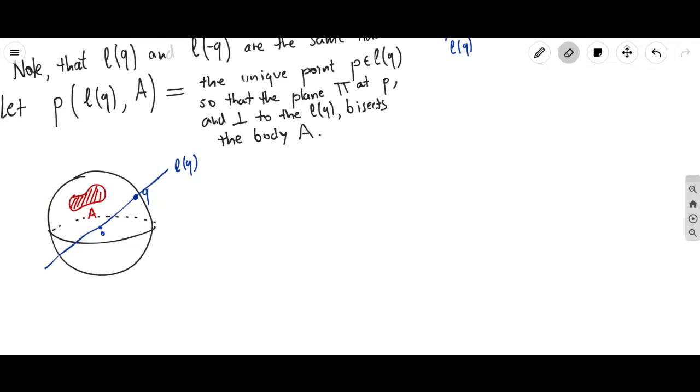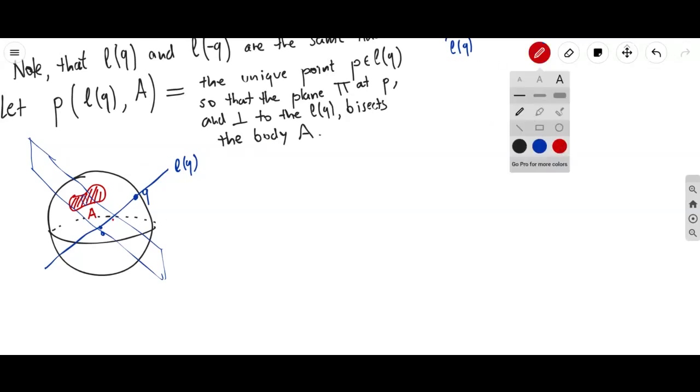With respect to that line, you can always vary the perpendicular plane until it perfectly bisects this in half. And the point through which that plane passes, we call it P.